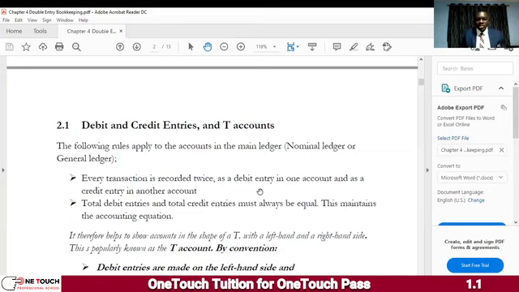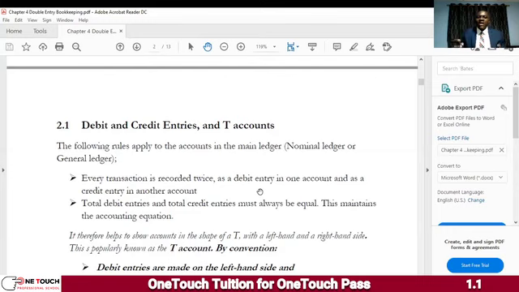Total debit entries and total credit entries must always be equal. This maintains the accounting equation. Once one account is debited, another is credited. The sum of the debit entries and the sum of the credit entries should be equal.